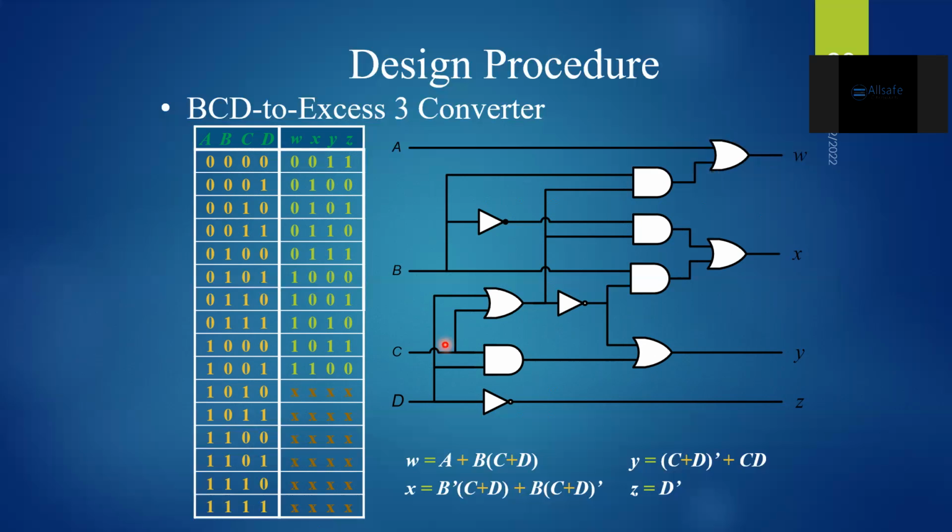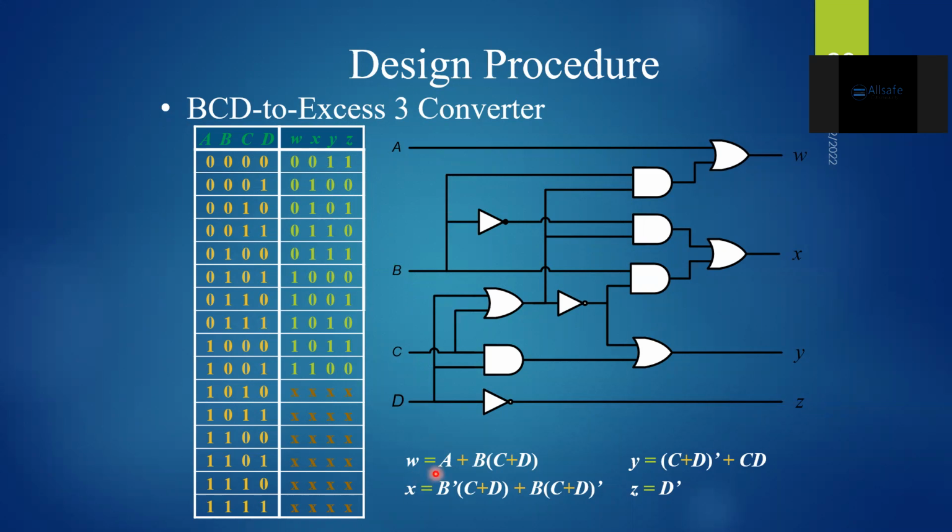Already we have designed this one, and we have found what W, X, Y, Z are, and these are the inputs. According to my table here, I can implement my circuit.